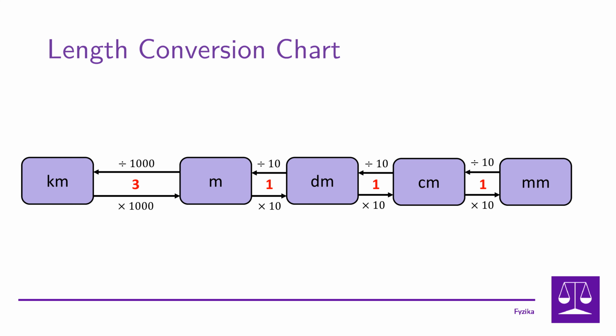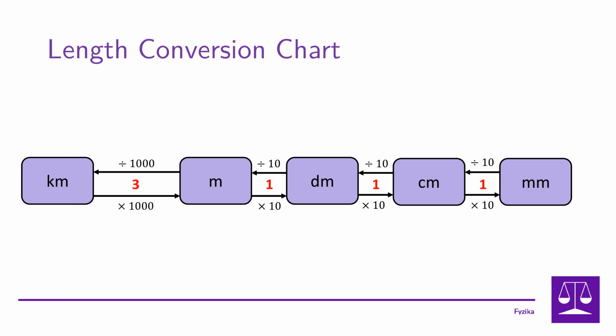However, we make a slightly simpler graph by replacing multiplication and division with the number 3 between kilometers and meters, the number 1 between meters and decimeters, the number 1 between decimeters and centimeters, and the number 1 between centimeters and millimeters. These numbers represent the number of zeros in the number we are multiplying or dividing by.